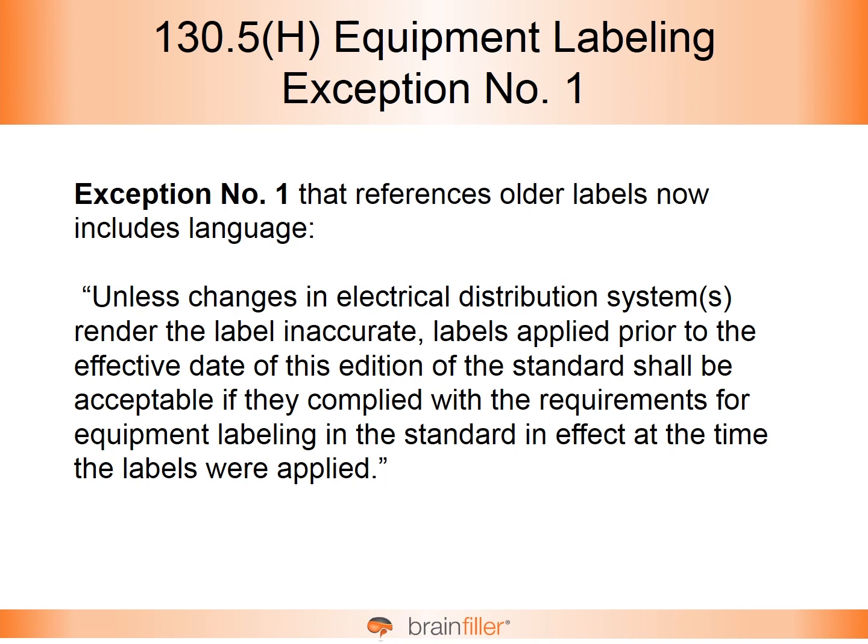So there's some judgment required here, and so this is referencing that if there are major changes that have rendered the label inaccurate, then you're going to have to go back and replace the label, update the label. Otherwise, this language states that the label is still acceptable.